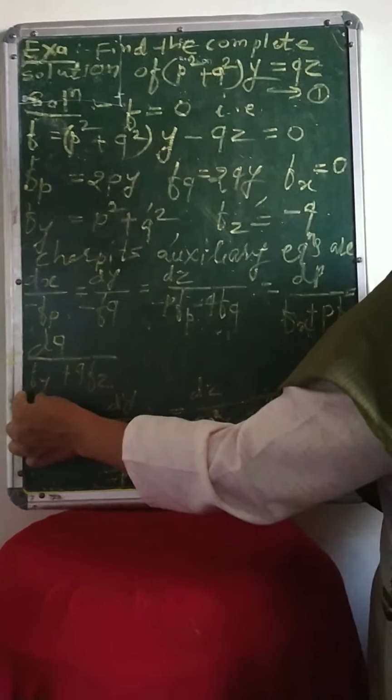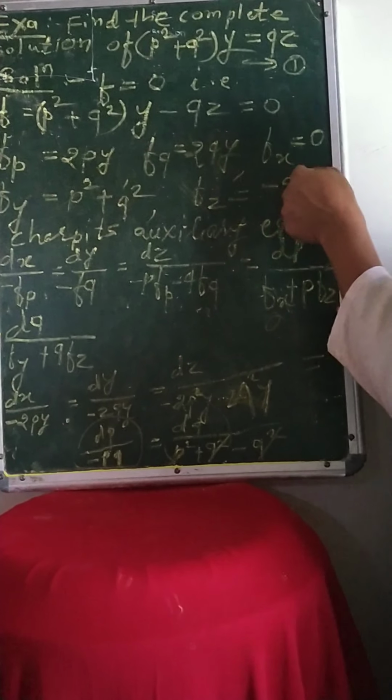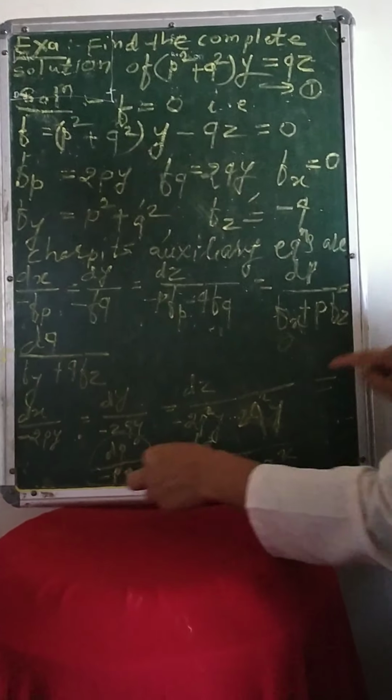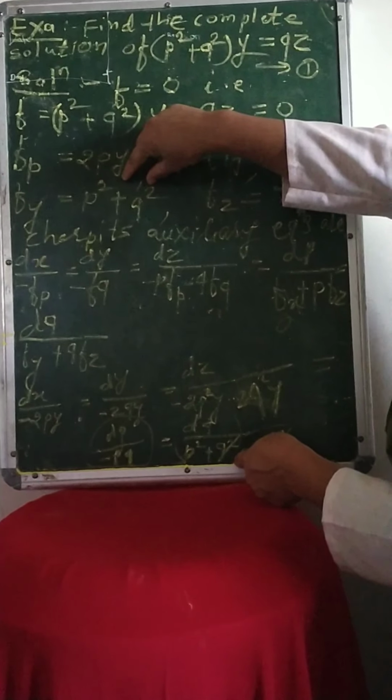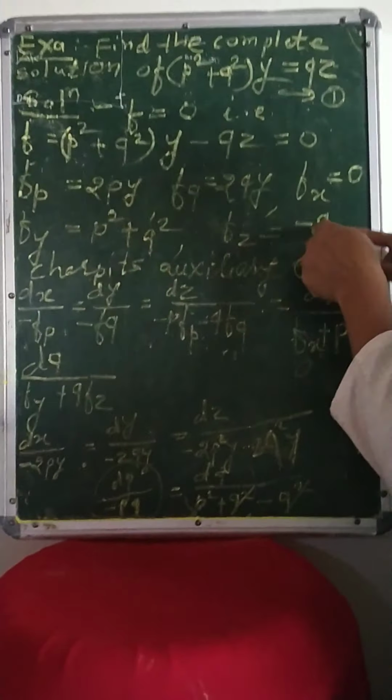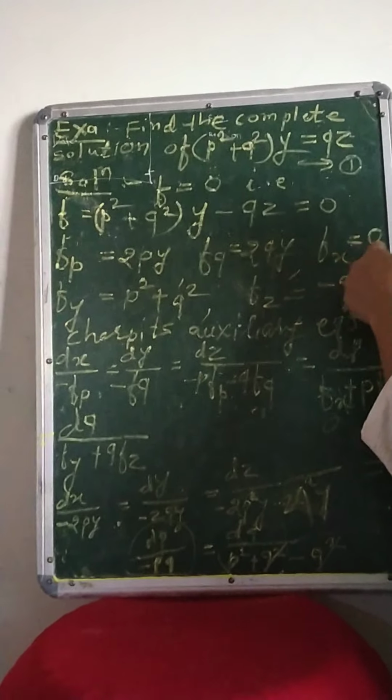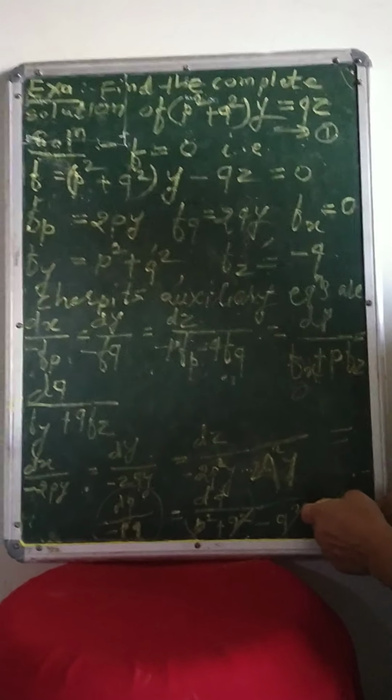Fx is 0, so p into fz. Fz is multiplied by simply p, means it is minus pq, equal to dq by fy plus q into fz. Value of fy is p square plus q square, and fz is multiplied by simply q, so it is minus q square.